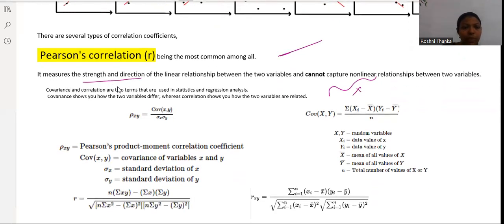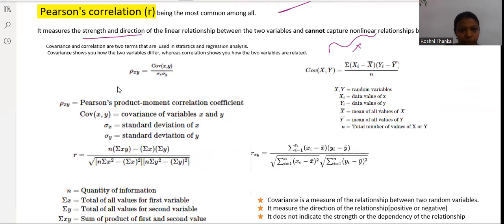This is the formula to find the Pearson correlation. To find the Pearson correlation between these two variables x and y, it is the covariance of x comma y divided by the standard deviation of the first variable times the standard deviation of the second variable. To find the first value, we want the covariance of x comma y.